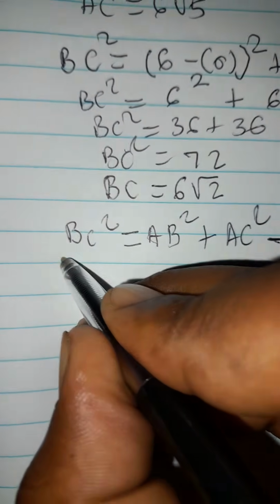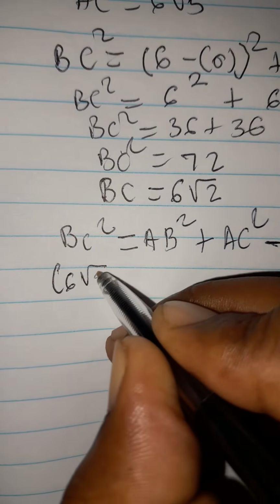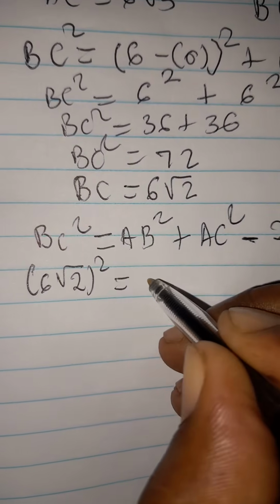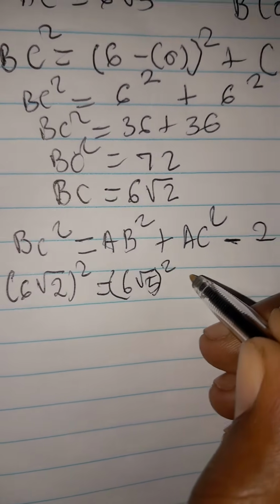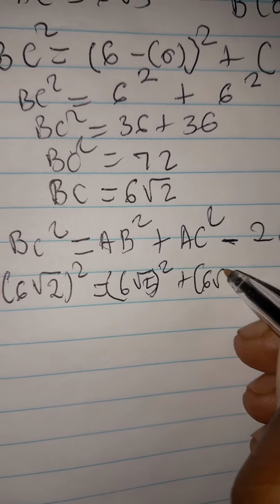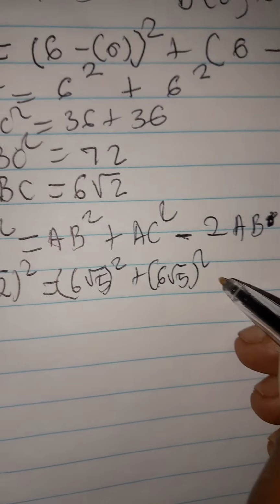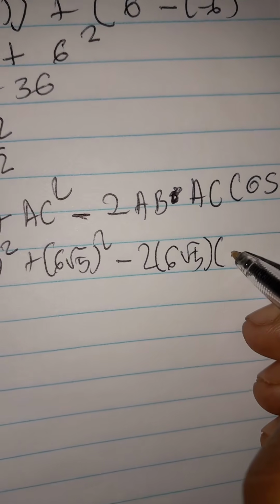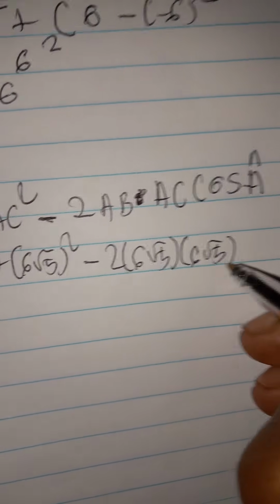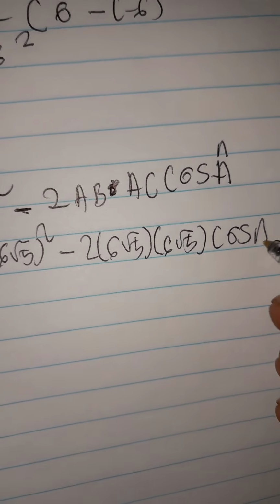So what is BC? You may recall that BC is given as 6 root 2. What is AB? You may recall that it was given as 6 root 5, so 6 root 5 squared, as well as 6 root 5 squared, minus 2 times 6 root 5 and 6 root 5, cos A.